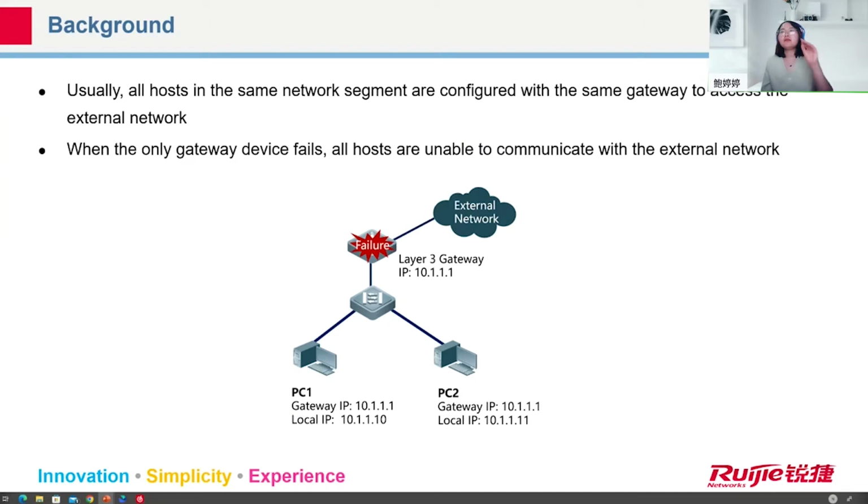Another solution is that you watch the network for failure all the time, and if a device or link is broken, you provide a new one, or you configure a new gateway address and let another device help forward the traffic. These are the solutions.